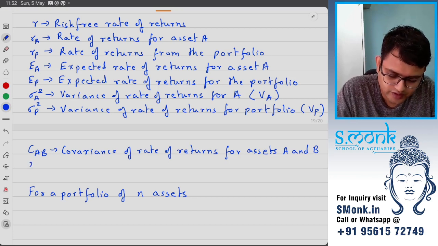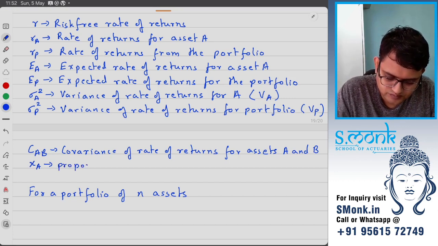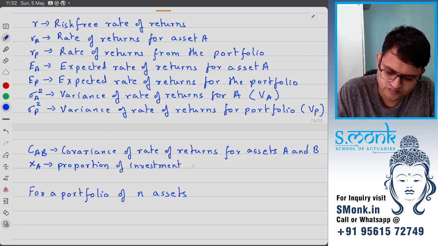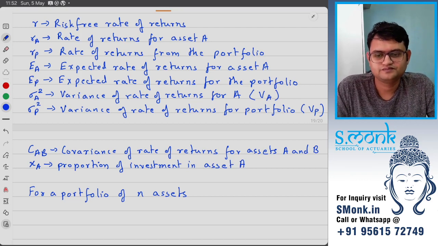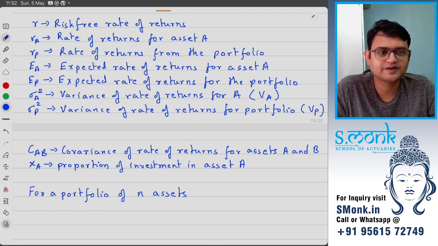Okay, we'll write one more, XA. XA is going to be the proportion of investment in asset A. So let's say I have 5,000 rupees for investment and I invest 2,000 rupees in asset A. The proportion will be 2,000 by 5,000, that is 40% or 0.4.